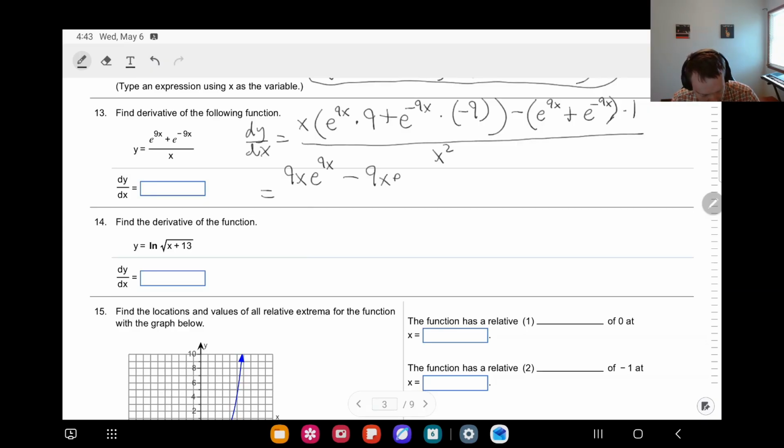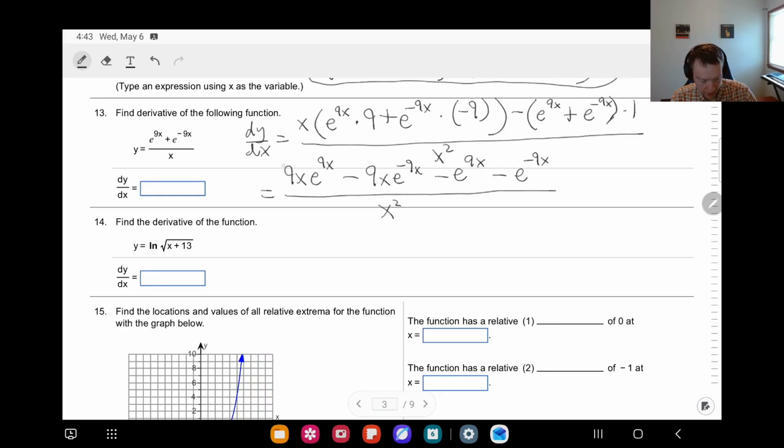Minus 9x e to the negative 9x. Okay, then minus this whole thing. So minus e to the 9x and minus e to the negative 9x, all over x squared. Okay, and that's pretty much all you can do for simplifying.